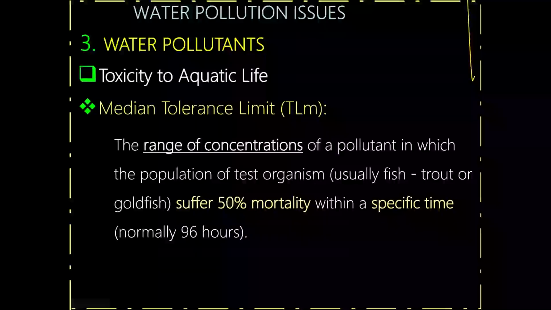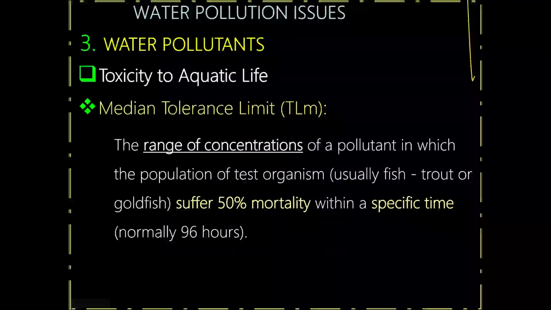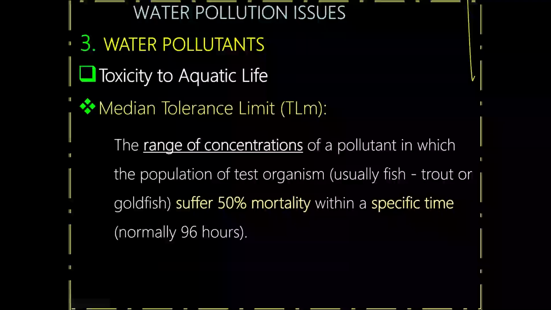The toxicity to aquatic life. We use the median tolerance limit. That is how you will know. And this median tolerance limit is the range of concentration of a pollutant in which populations of test organisms, we use certain organisms to measure if the pollutant in the water is toxic to the aquatic life in there.